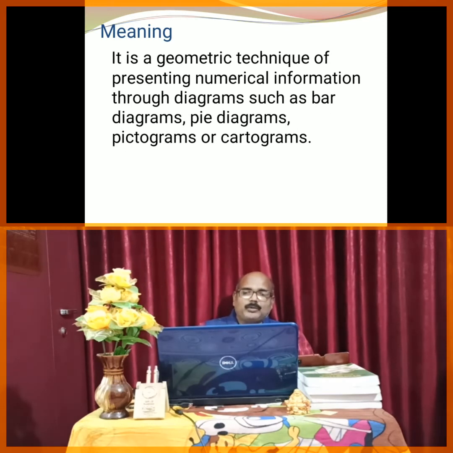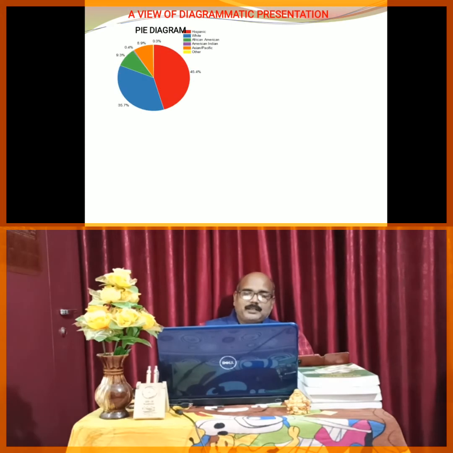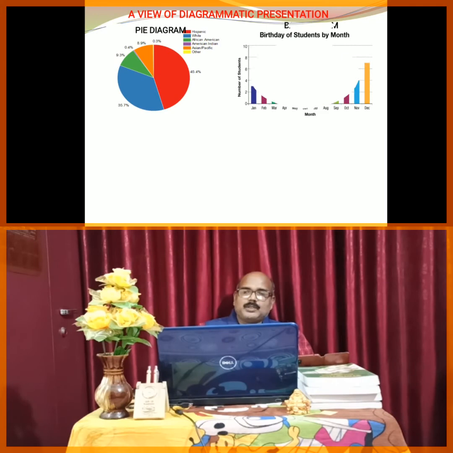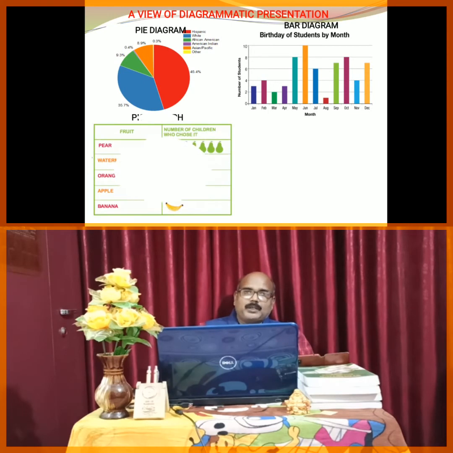Let us have a look at the different types of diagrams. A view of the diagrammatic presentation. Pie diagrams, bar diagrams, this shows the birthdays of students by months. Then your pictogram, with the help of pictures, when data is presented with the help of pictures.